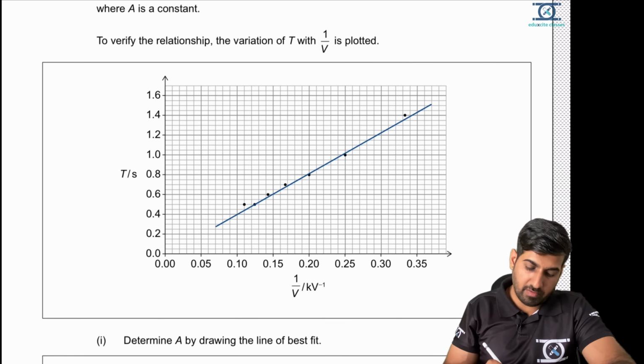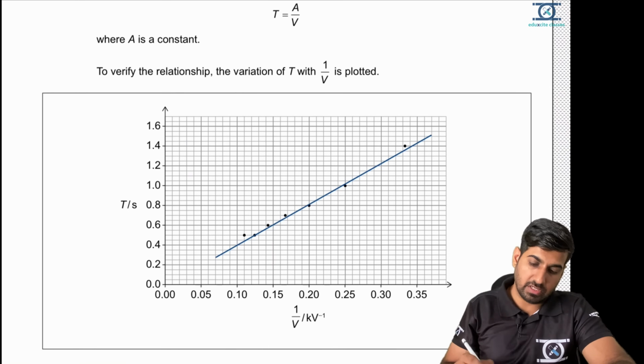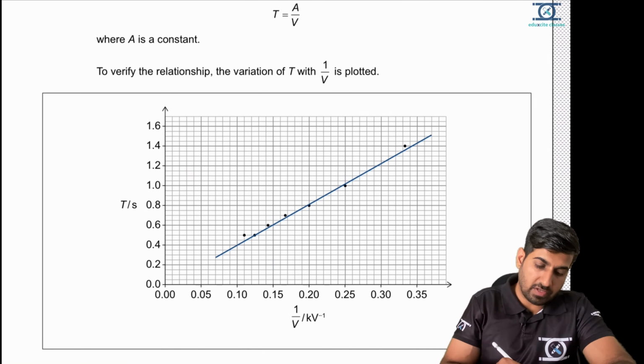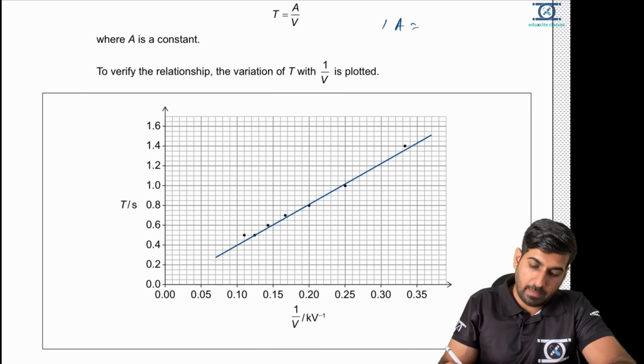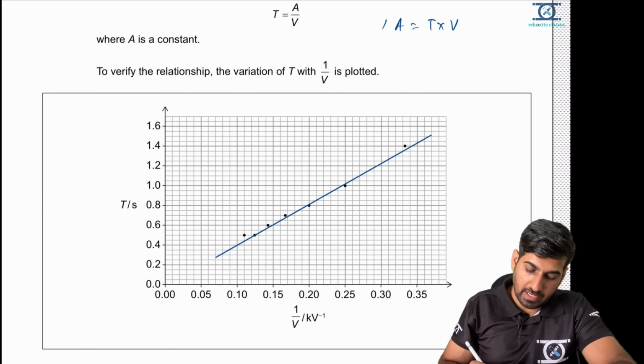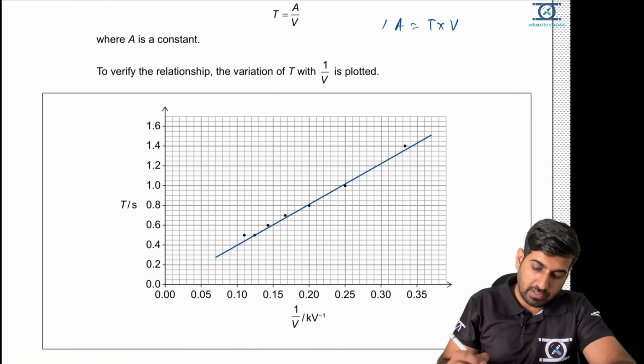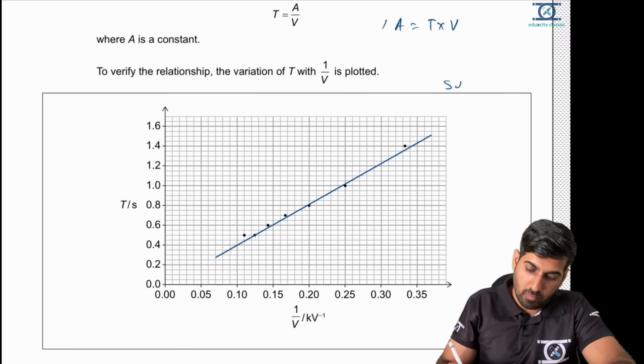Now it is the graph between T and 1 by V. So the relation is what? Can I say A will be T into V? If I calculate the gradient of this, the gradient will give me T by 1 by V, right?